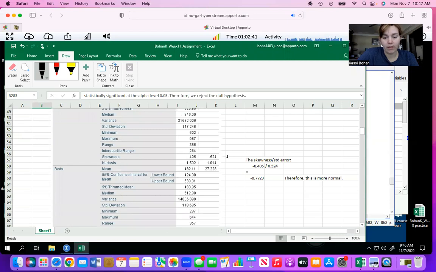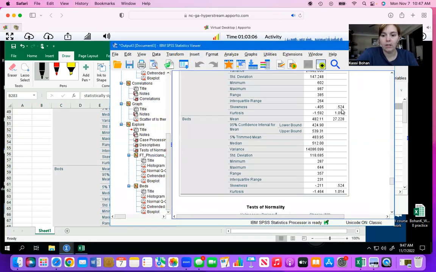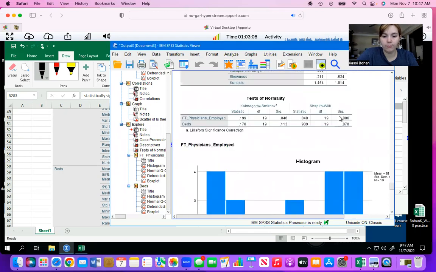So I divided the skewness by the standard error. In this case, it was negative 0.405 divided by 0.524, which gave us negative 0.7729, which is above negative 1.96. So our information was normal.